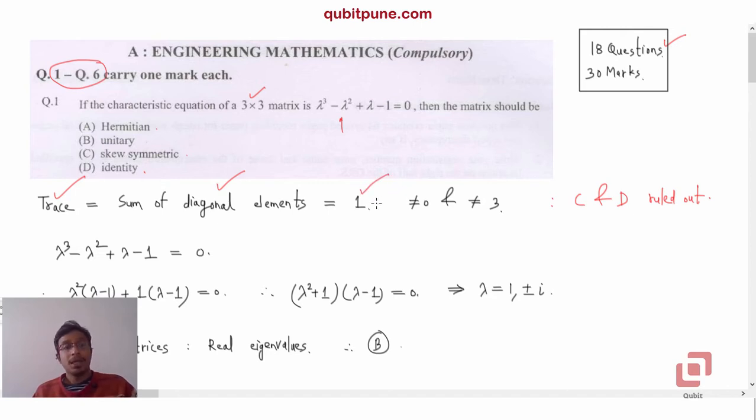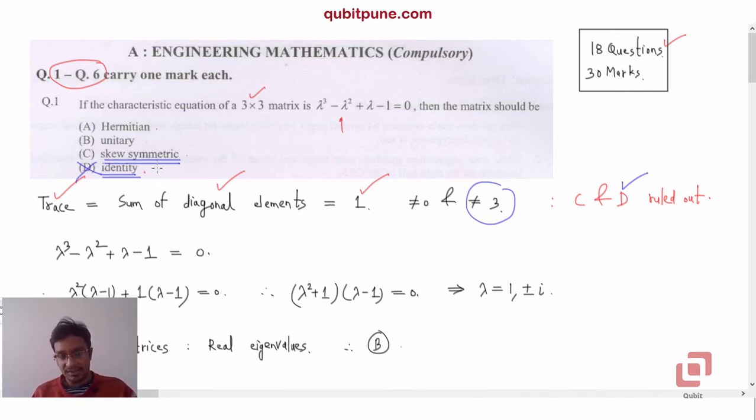Now this means that the sum of eigenvalues is also equal to 1, and if you now go to option D, which is the identity matrix, this matrix is ruled out because the sum of the diagonal elements of the identity matrix is 3. So it is not equal to 3, so I am ruling out option D. And if you go to option C, which is skew symmetric matrix, you know that the diagonal elements of a skew symmetric matrix are all 0.